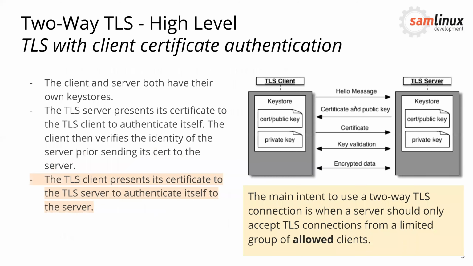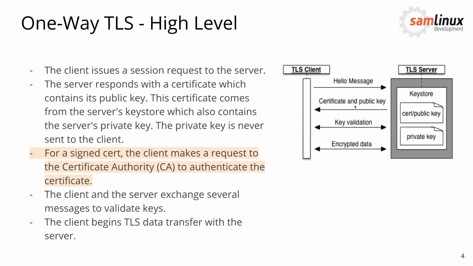From the server side, there is no control about the client. So the server cannot say in the one-way TLS that the client belongs to this certificate authority and has a valid certificate. And that's basically how the one-way TLS works.